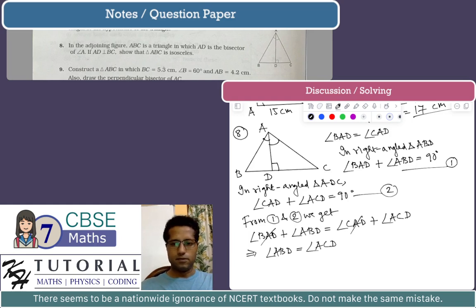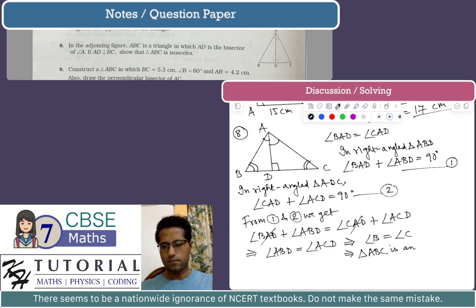Angle ABD is nothing but angle B and angle ACD is nothing but angle C. Hence, we have two angles of the triangle ABC, angle B and angle C, to be equal. This implies triangle ABC is an isosceles triangle.